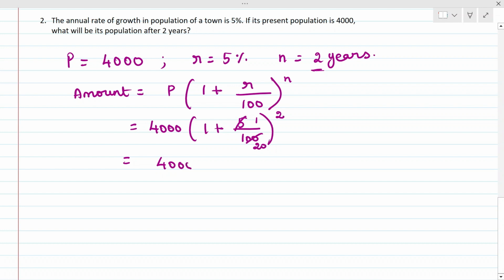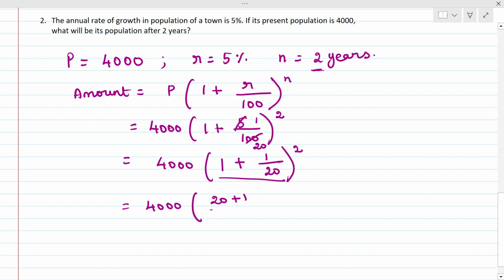So now 4000 into 1 plus 1 by 20 the whole square. When you take the LCM, it becomes (20 plus 1) by 20 the whole square. So it will be 4000 into 21 by 20 the whole square.